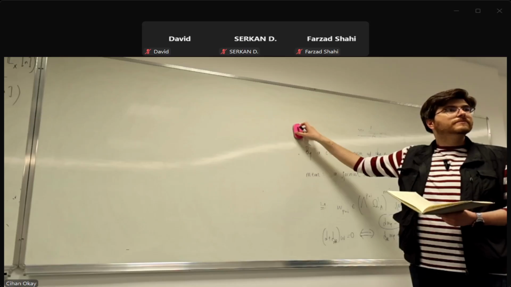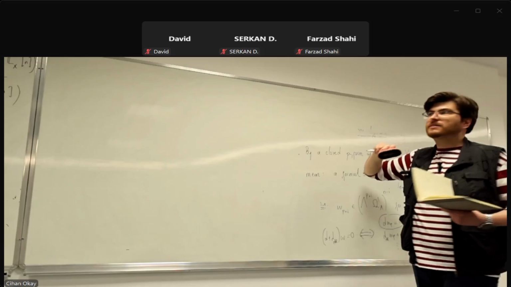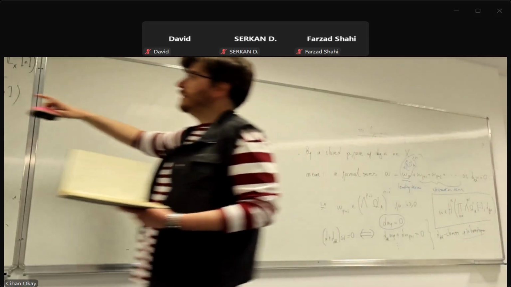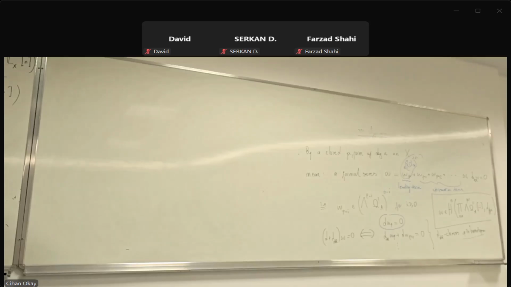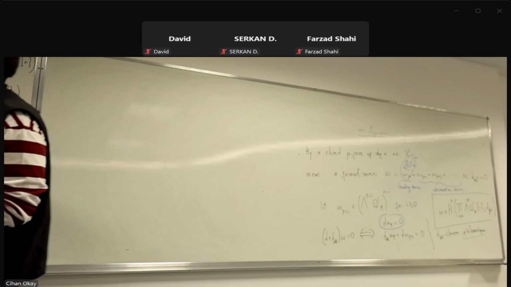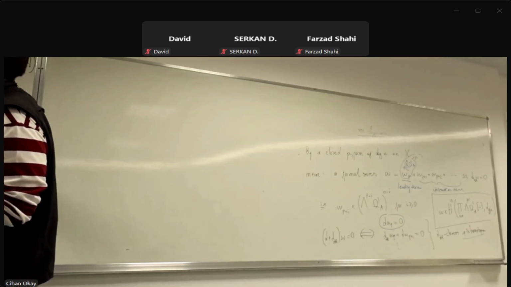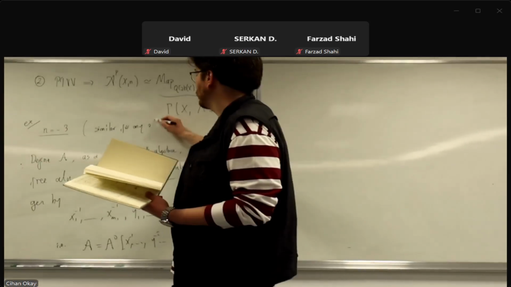Why do you stop at 3? Just in this example. So let us use n equals -3. I'm just going to construct a -3 shifted symplectic form, just to see. I mean, this could be done for any n actually, also similar for any odd n.